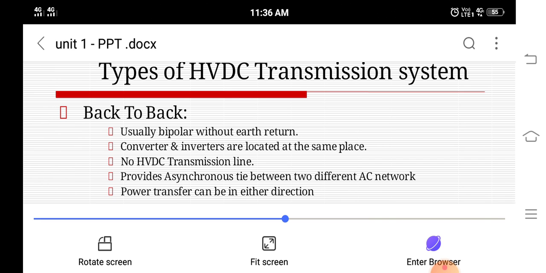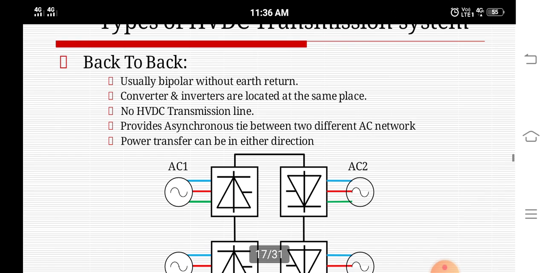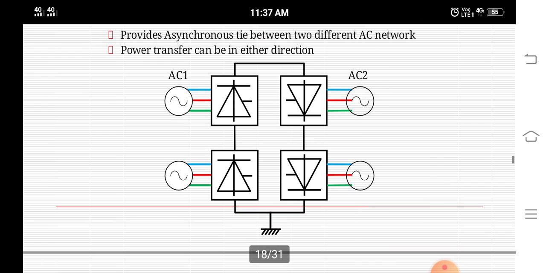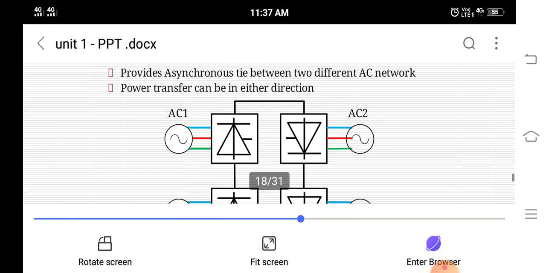It provides an asynchronous tie between two different AC networks. HVDC does not have a synchronous tie, so HVDC always provides an asynchronous tie between two different AC networks. Power transfer can be in either direction. This is the picture of the back-to-back connection.